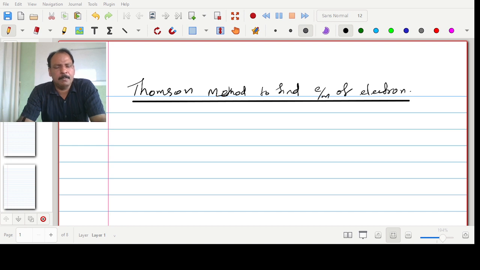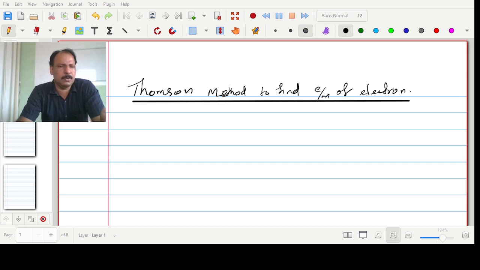Now we apply a magnetic field perpendicular to both the direction of motion of the electron and the direction of the electric field. So it is moving along the x direction, the electric field is applied in the negative y direction, and I am giving a magnetic field in the z direction.